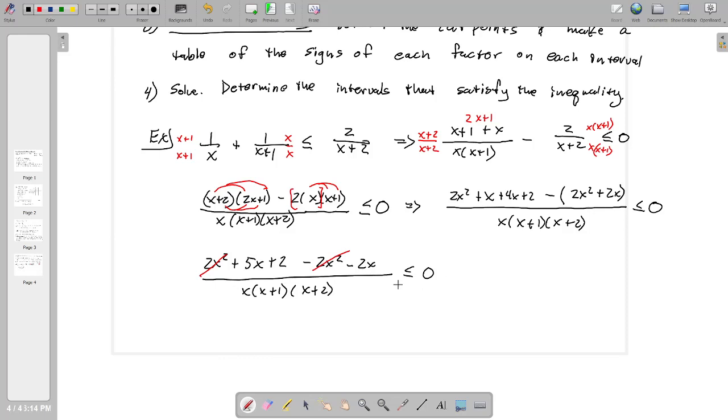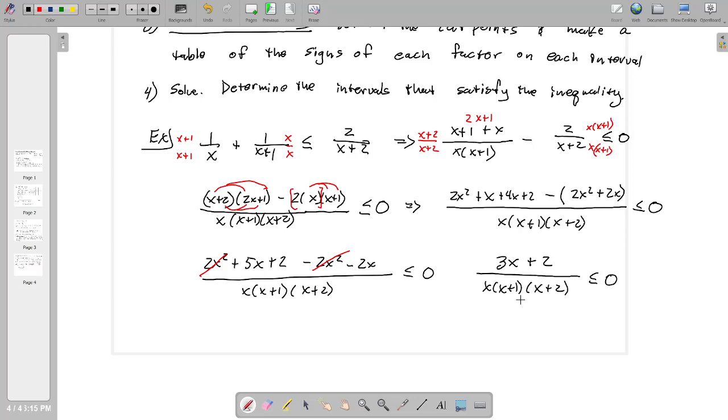So that gives us 3x plus 2 divided by x times x plus 1 times x plus 2, all less than or equal to 0. So this is the factored form of the rational expression within our inequality.